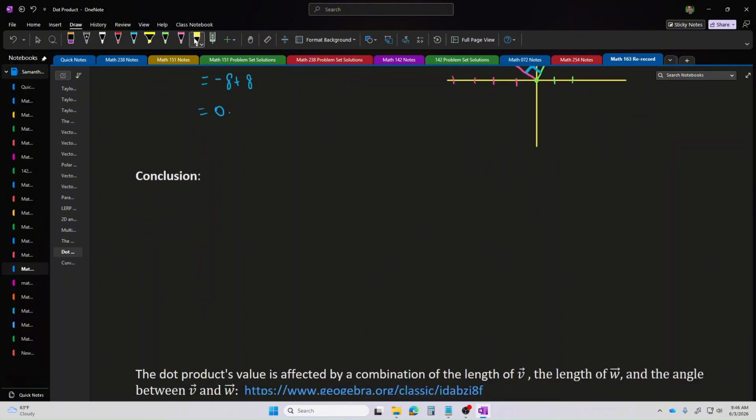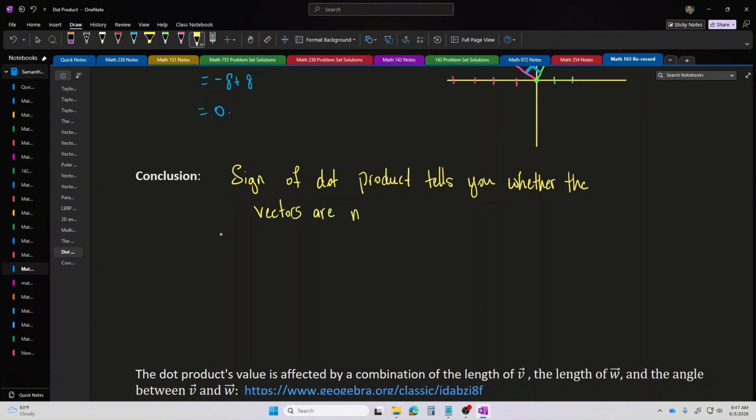So the conclusion that we can draw from these experiments is that the sign of the dot product tells you whether the vectors are mostly aligned, mostly opposed, or perpendicular.